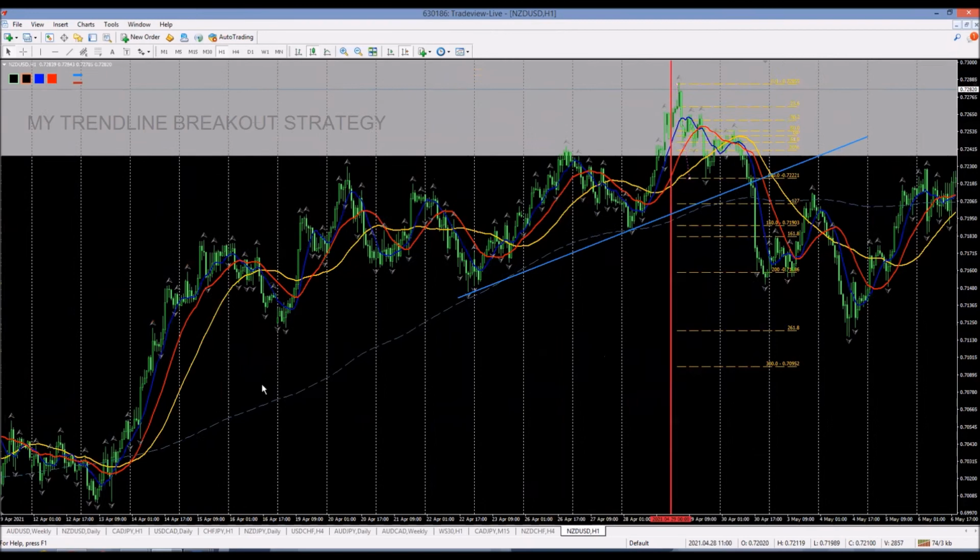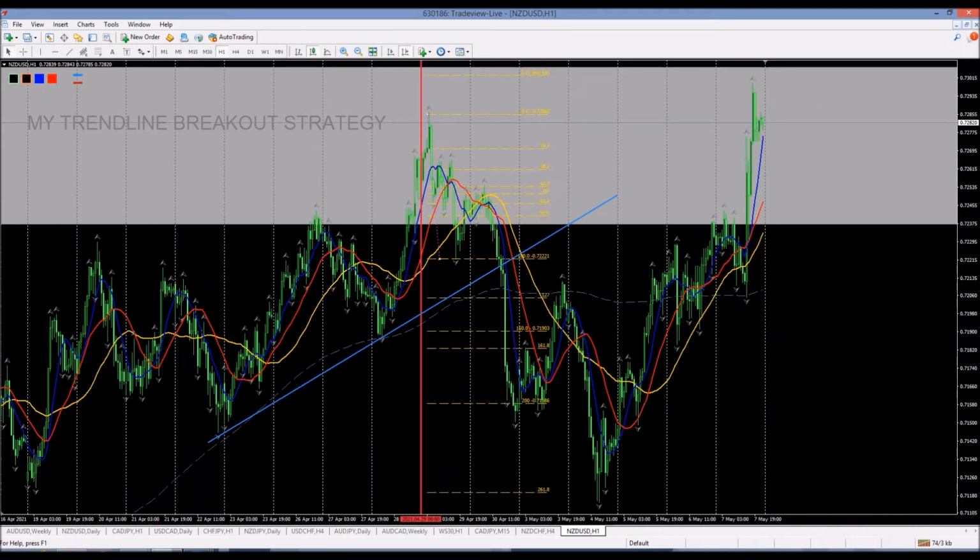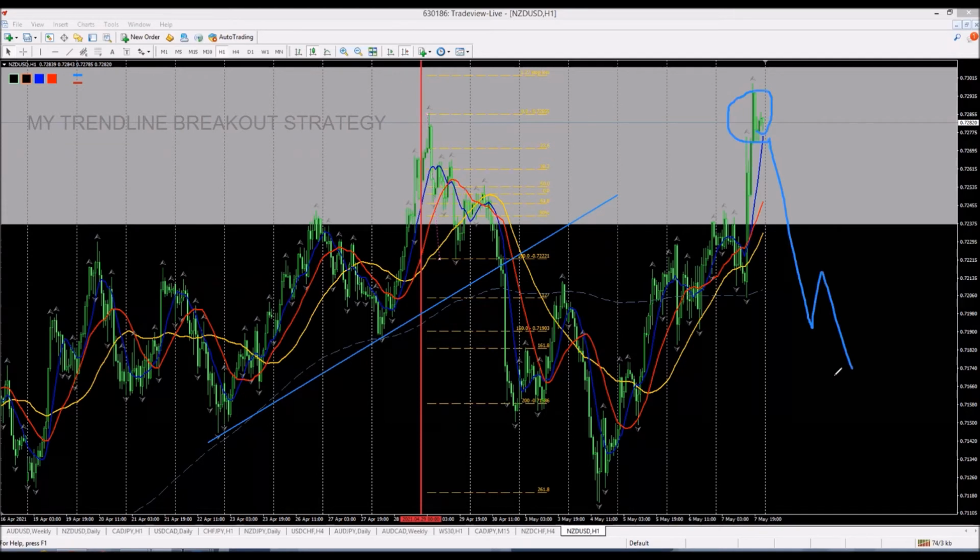So in other words, if price turns around, because it's in here now, and comes out, we're looking for a trade. That's a terrible line, forgive me.